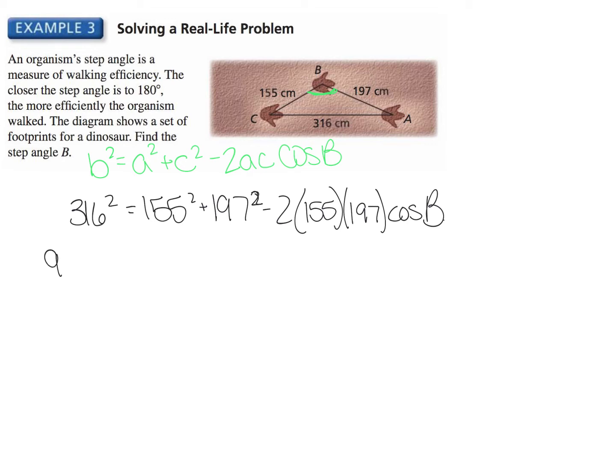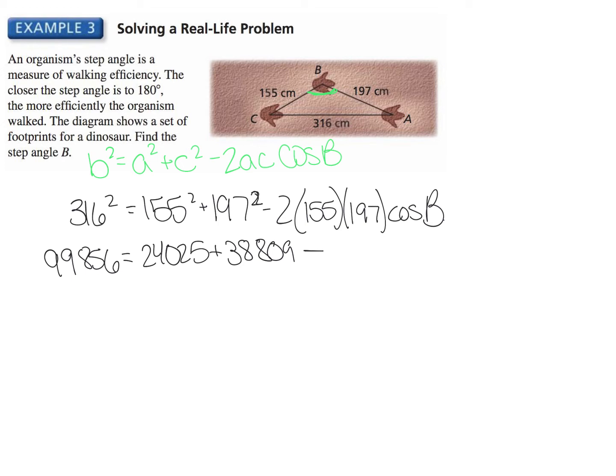So 99,856 equals 155 squared, which is 24,025, plus 197 squared, which is 38,809. That is minus.